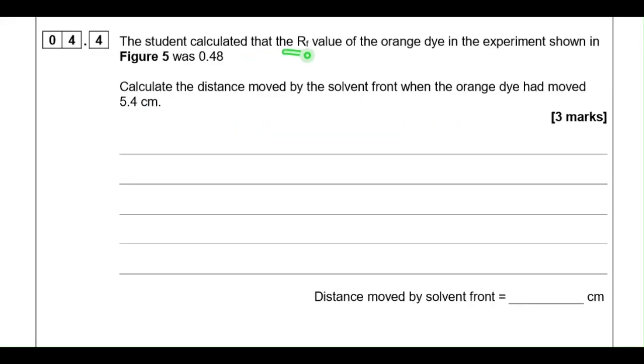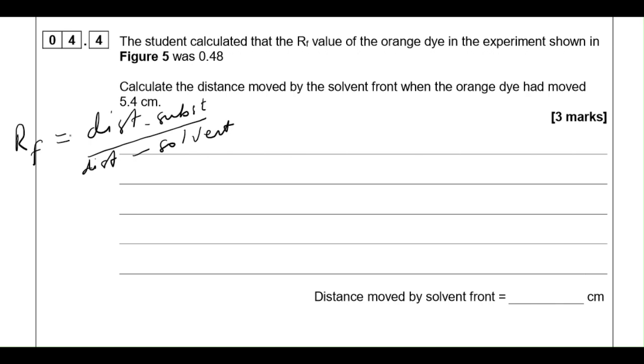4.4. The student calculated that the RF value of the orange dye in the experiment shown in figure 5 was 0.48. Calculate the distance moved by the solvent front when the orange dye had moved 5.4 centimetres, and this is for 3 marks. Should record the RF formula.